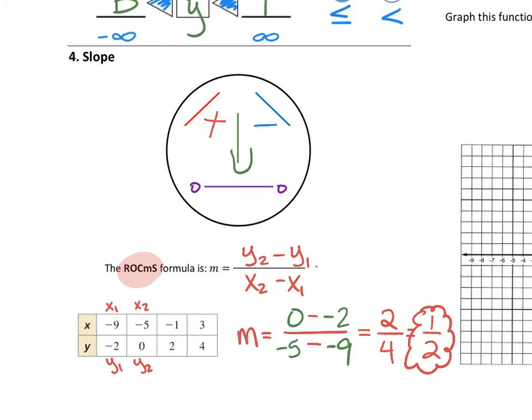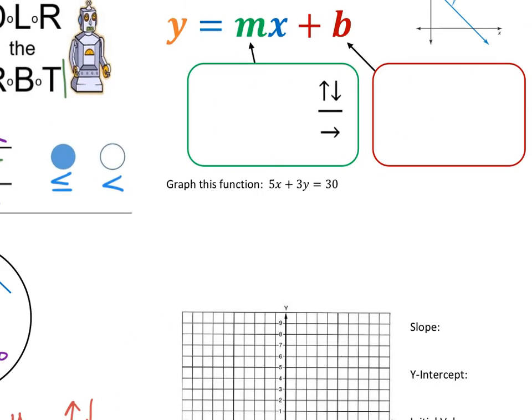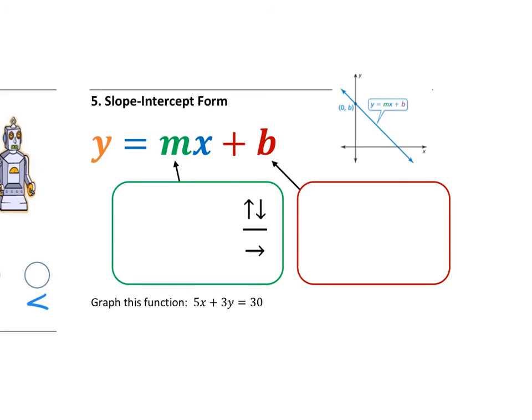You can also find slope by counting the rise and the run, rise over run, for a graph. Now let's talk about graphs. We spent some time writing and graphing equations in slope-intercept form. The main vocabulary we need to remember with slope-intercept form is that in y equals mx plus b, you must have that y equals part.